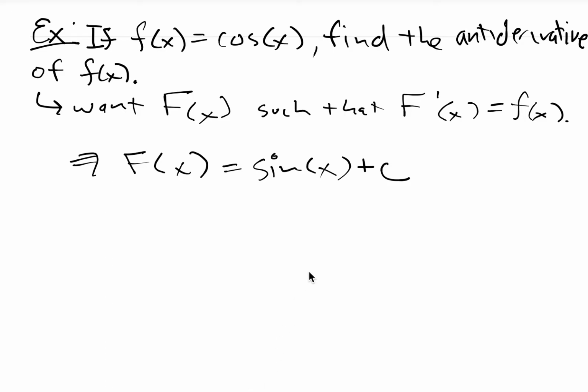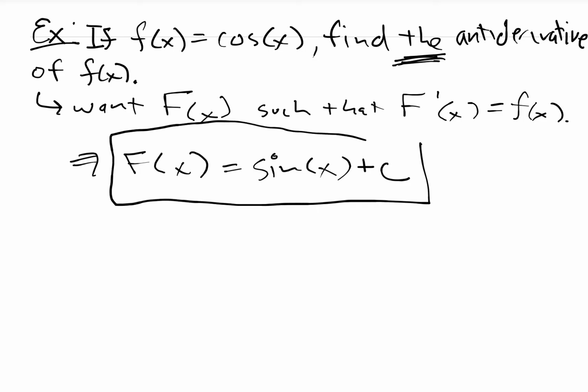But if I want the most general answer, if I want the antiderivative for little f of x, not just an antiderivative for little f of x, this guy is it right here, right? And we can double check that this actually fits the criteria for being an antiderivative, because does its derivative equal little f of x?